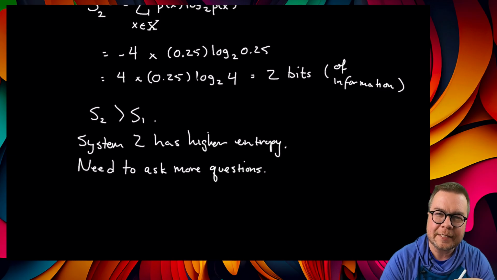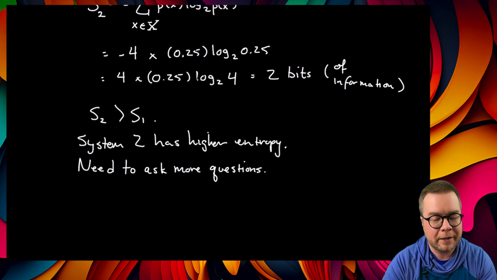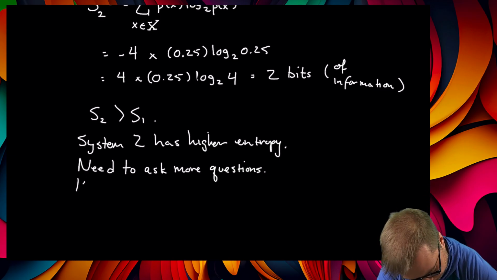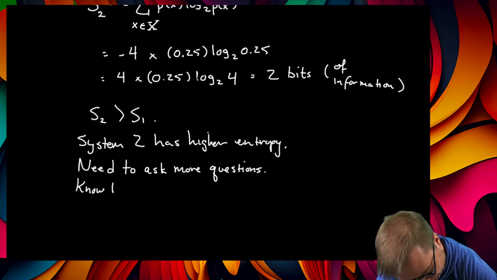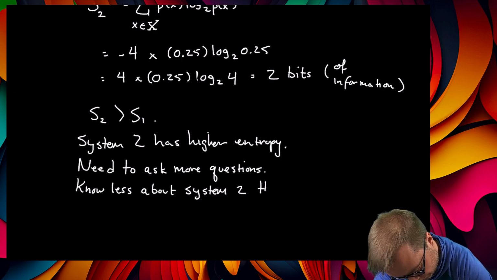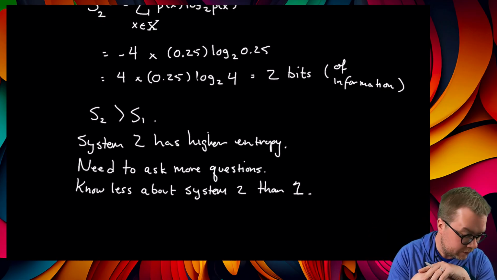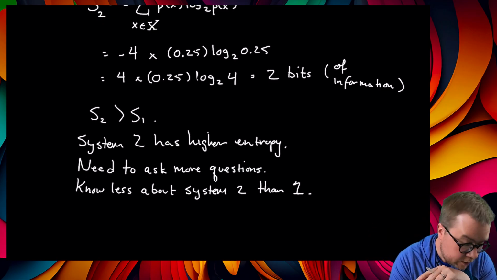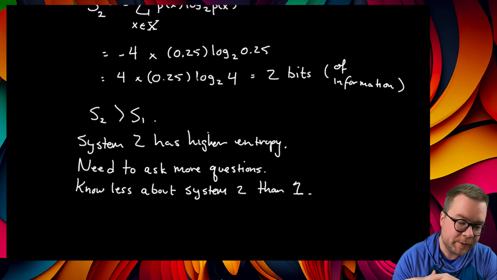It means that we know less about our system. We are more ignorant about our system. So we, in general, know less about system 2 than system 1. Okay, and so all these things are kind of equivalent to each other. So for equal probabilities, our entropy is higher.